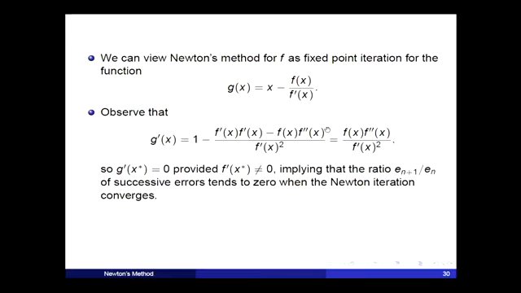And so g prime at x star is always equal to 0. Because when you put x equal x star, then you get f of x star here. So f of x star equals 0. x star is a solution of the equation, provided that f prime is non-zero at x star.